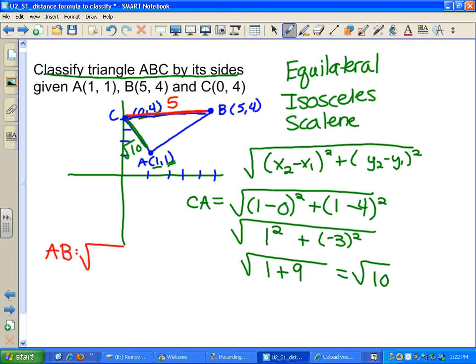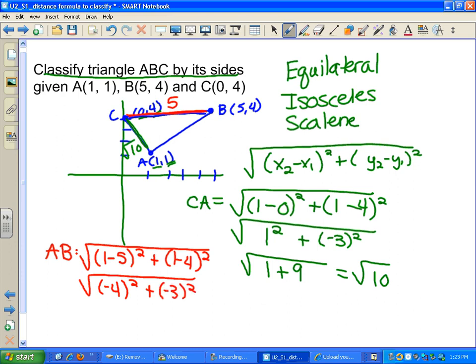So I'm going to use the distance formula to find AB. I'm going to take 1 minus 5 and square it, plus 1 minus 4 and square it, which means I have the square root. Well, 1 minus 5 is negative 4 squared, plus 1 minus 4 is negative 3 squared. Negative 4 squared would be 16, and negative 3 squared is 9.